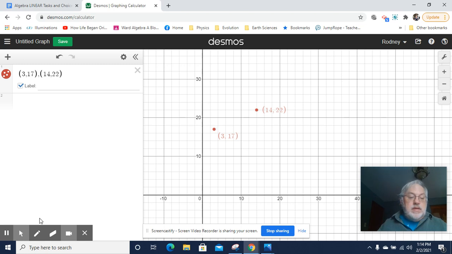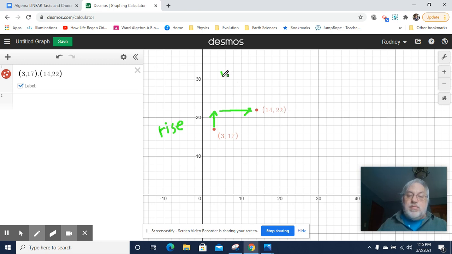And we could draw a vertical component of this, figure out the vertical change, and then a horizontal component of this. We call this vertical part oftentimes the rise, and it's called the rise because it's how much vertical change there is. This is the vertical change between this point and this point, basically going from a y value of 17 up to a y value of 22.